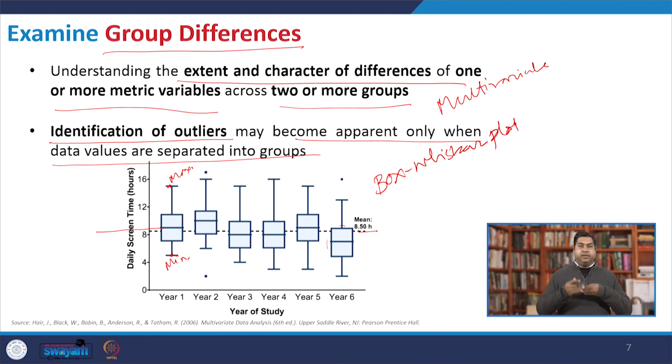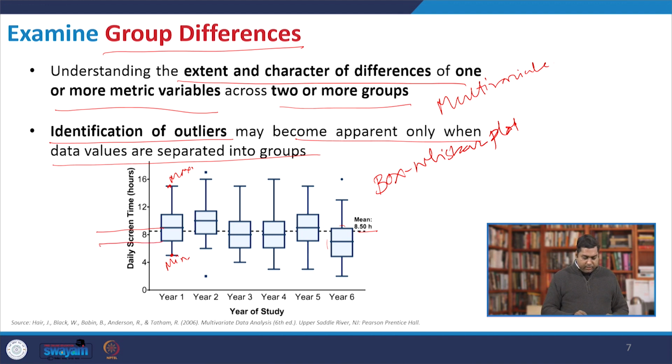So, normally in this case we are dividing the whole set of data into quartiles: 25th percentile data, then the 50th percentile data, 75th and 100th.